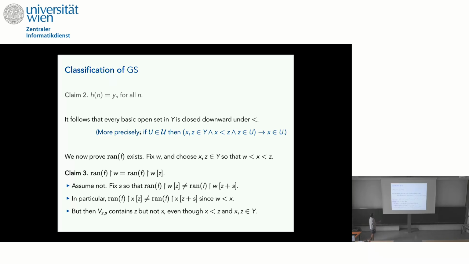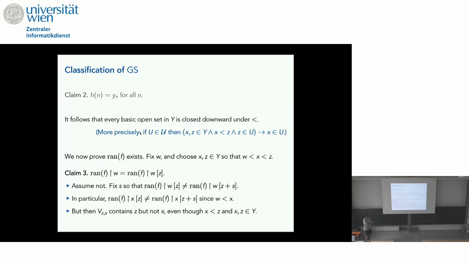We fix w, and then we fix x and z and y in this particular subspace that we got, which are larger than w. It's an infinite subspace, so of course we can do that, right? w might not be in there, but there's at least two elements larger than it in there, right? And the claim is that the range of f up to w is the range of f up to w when run for this larger amount, z steps.